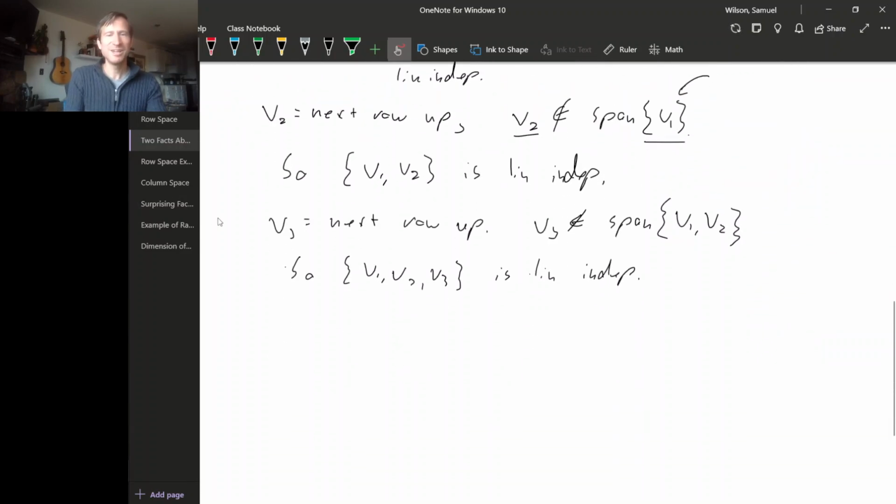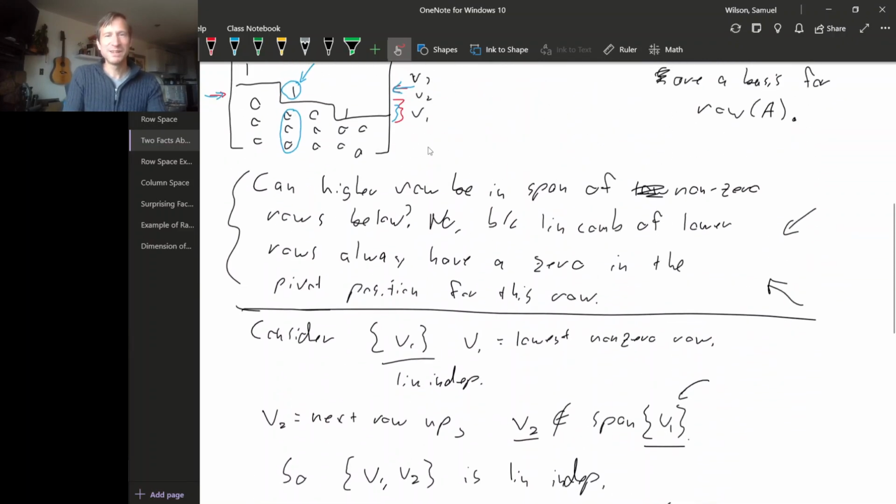All right, now we can just repeat this whole process until we run out of rows. As we move up, adding more and more vectors to our linearly independent collection, eventually we run out of rows because the matrix only has a finite size.